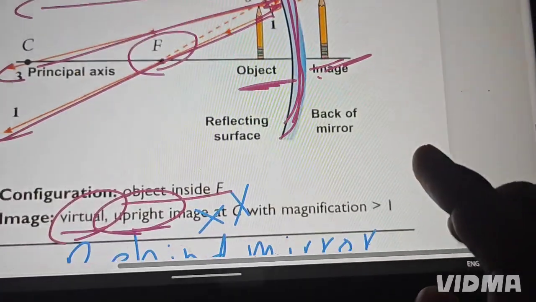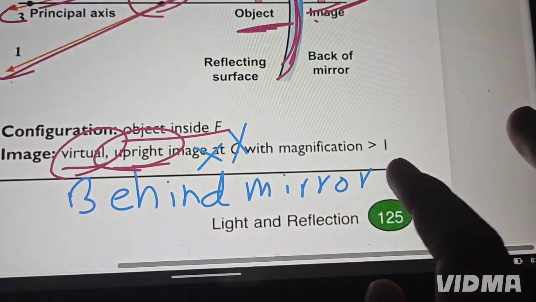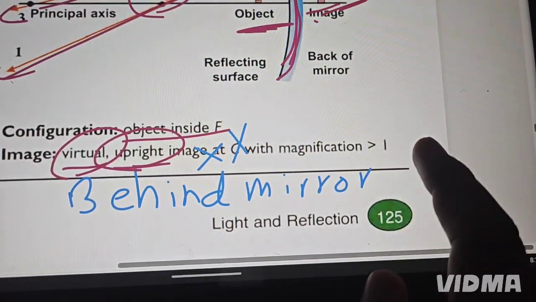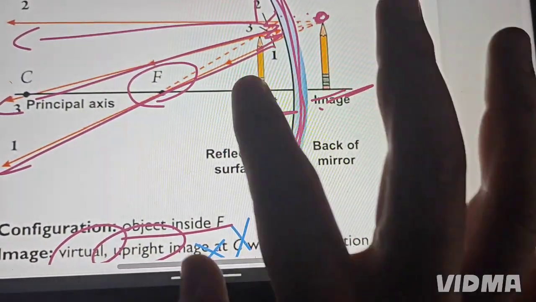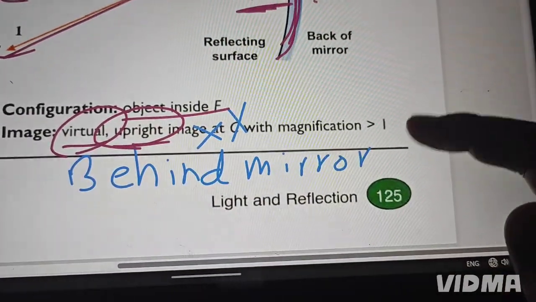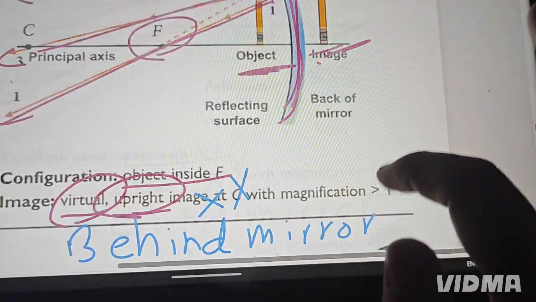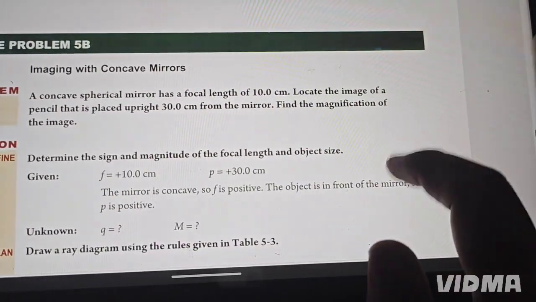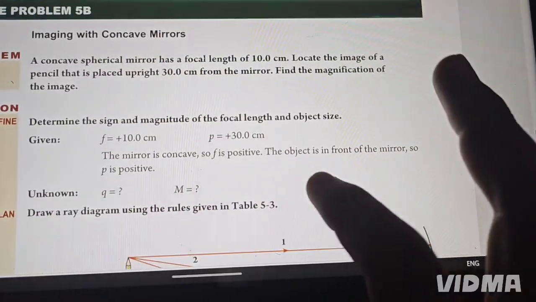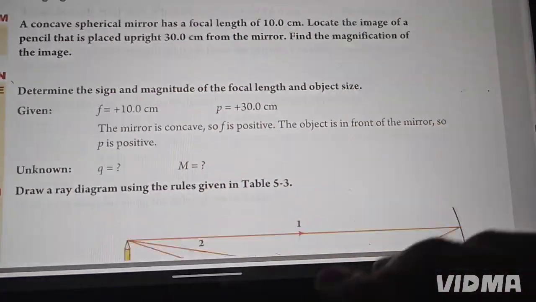Look, same direction. And magnification greater than 1, of course, because the image size is greater than the object size. And we have the image behind the mirror. I have to understand because it was so important. So now we are going to be solving an example about images with a concave mirror.